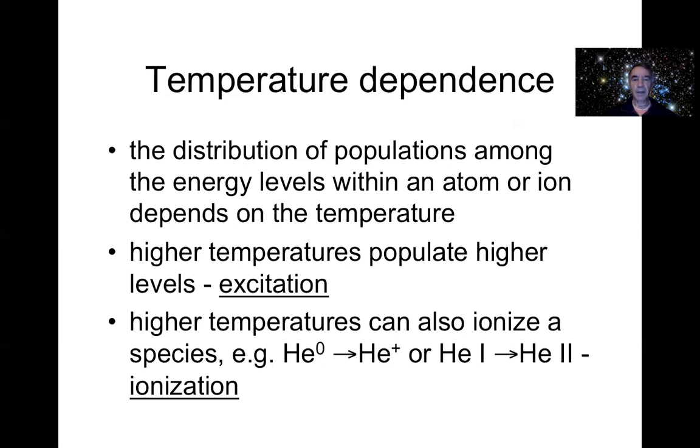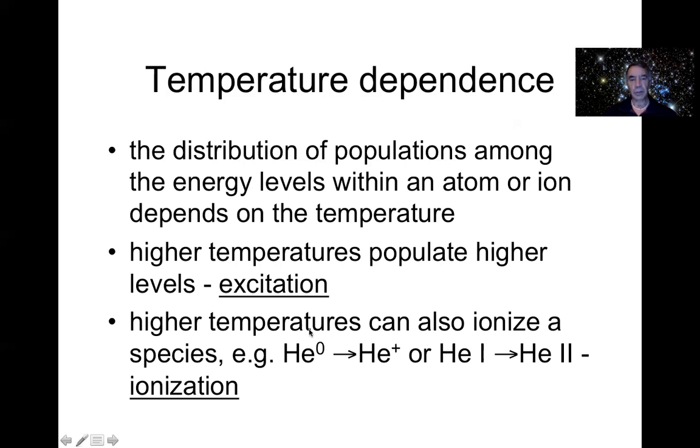Now, hydrogen is a bit of a boring example because you can only ionize hydrogen once, because you've only got one electron. So here I'm using the example of helium, the next most complicated element.